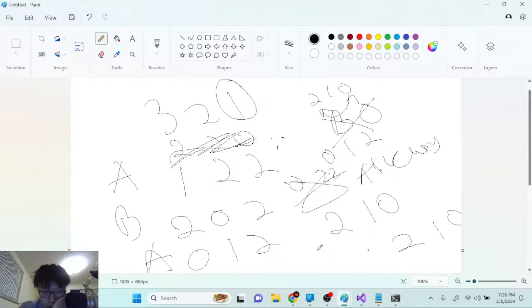So we minus 1, 2, 1, 0. Find the smallest number.